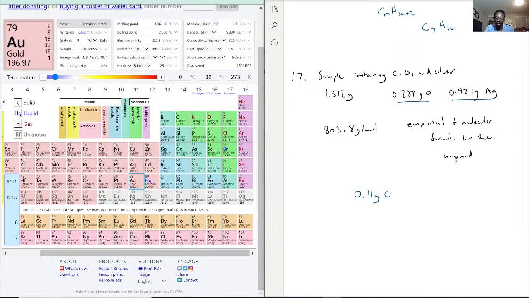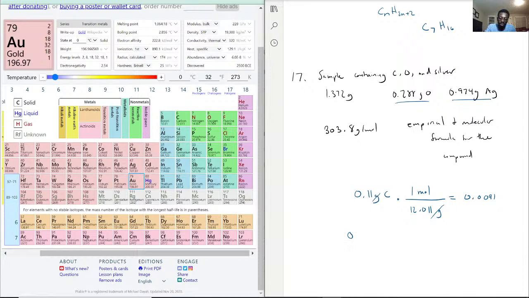Now the next step is that you want to convert each of these into moles. Let's start with carbon. 0.11 grams of carbon, divided by 12.011. The better thing is to use the atomic mass units, because you want to get the moles of each one, and the grams cancel out. That gives 0.0091.